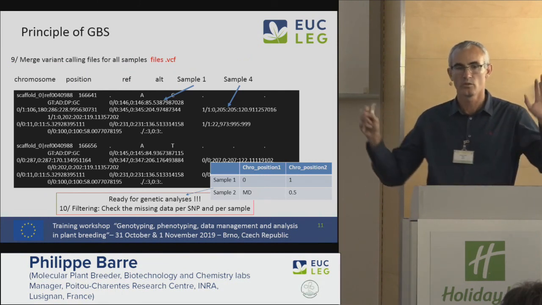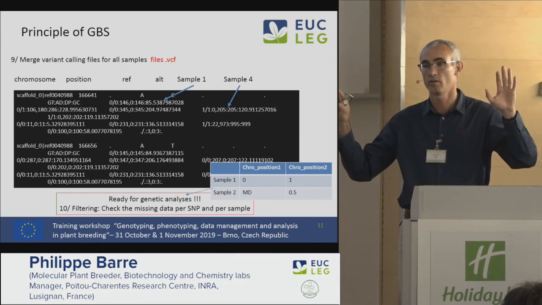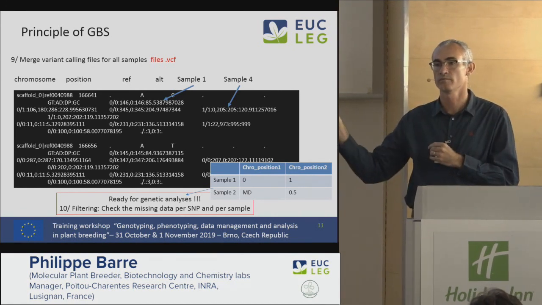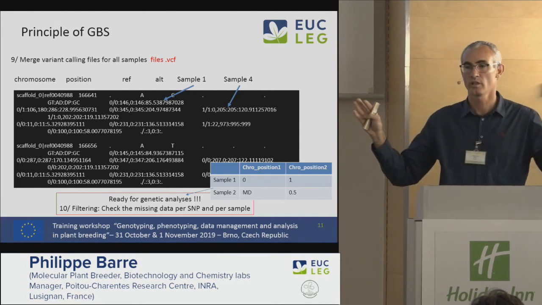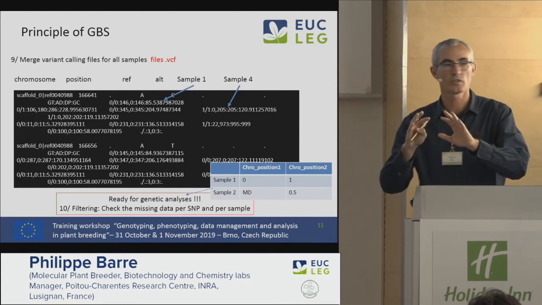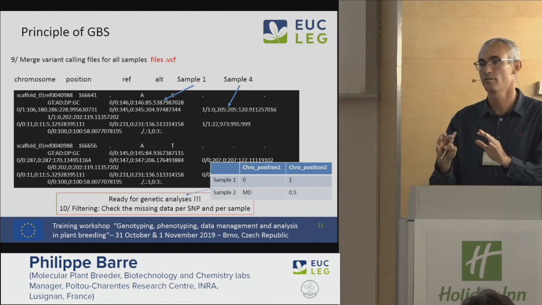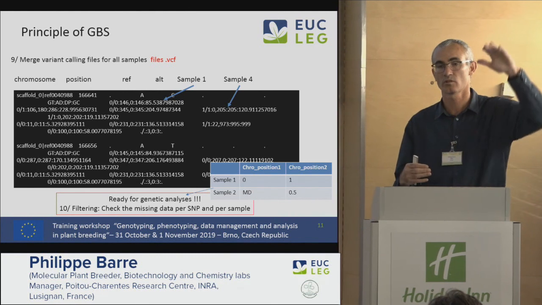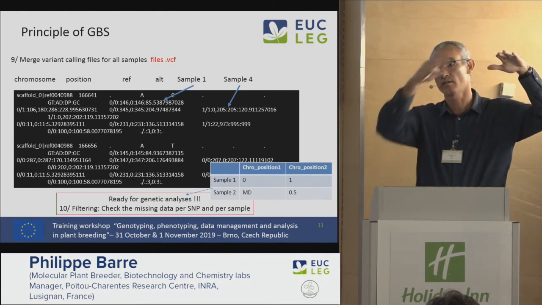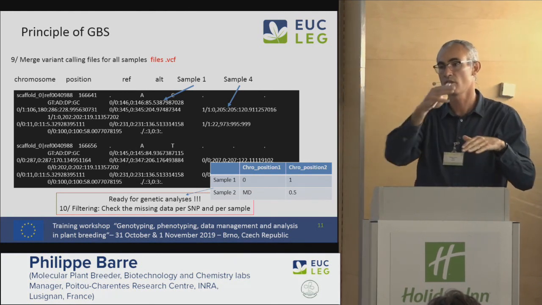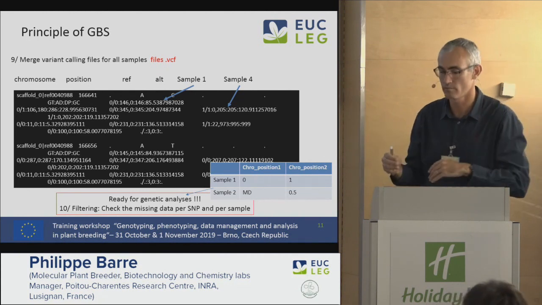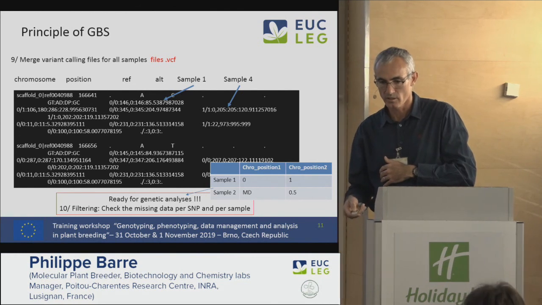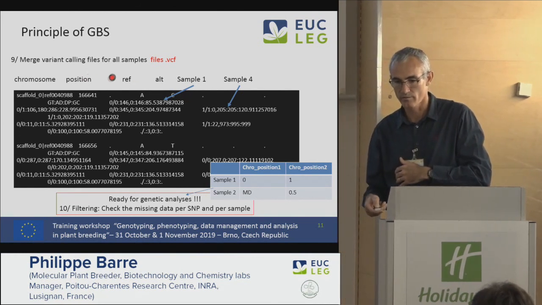So now you have all the GVCF files for the different samples. What you want to do is to merge all this information in a single file, that's what you want at the end. At the end, you want the SNPs, samples, and the information, so for all the samples. And that's what is done here with the merged variant calling file.